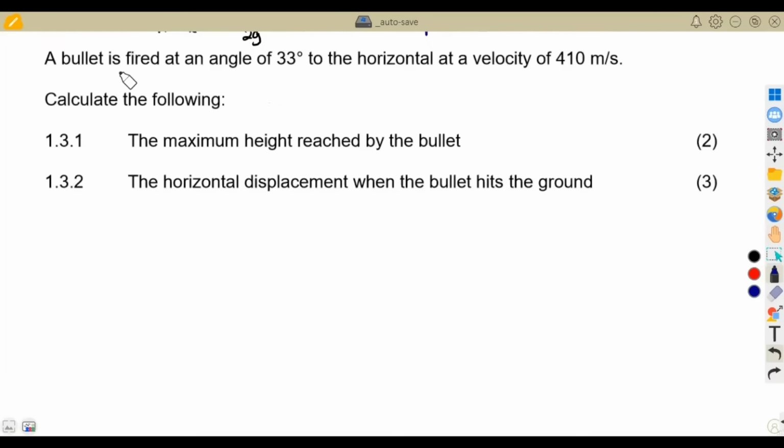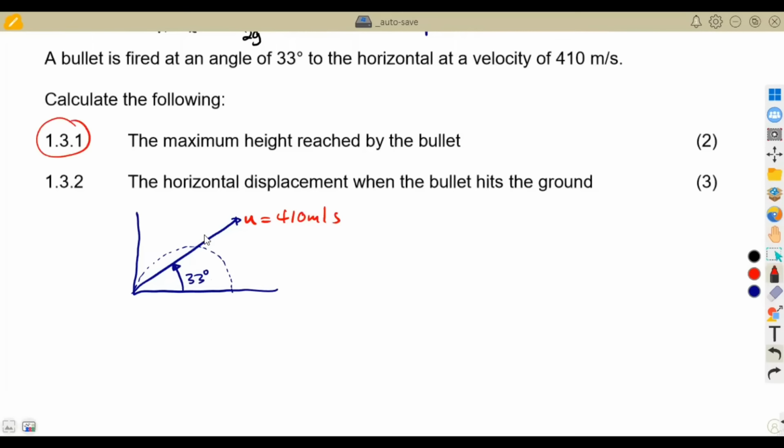So you're given that a bullet is fired at an angle of 33 degrees to the horizontal at a velocity of 110. So we are having a bullet being fired at a certain angle of 33 degrees in this case. We are going to have something of this nature, whereby the angle here is 33 degrees, our initial velocity being 410 meters per second.